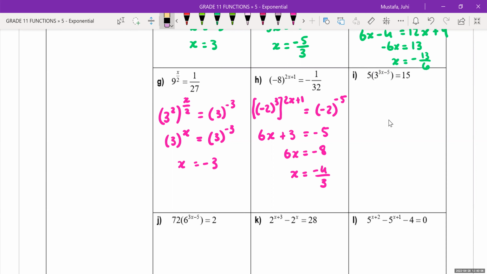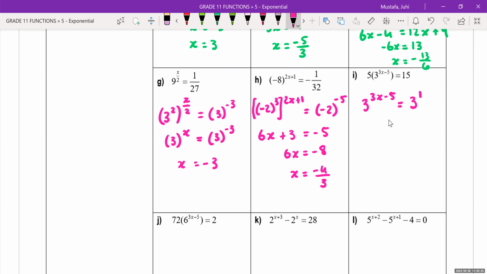I'm going to move the 5 to the other side of the equation, and divide by 15. When I do that, you're going to get 3 to the power of 3x minus 5 is equal to just 3 to the power of 1. So just make a note to yourself that when you have a coefficient, the coefficient is allowed to move freely. It's not tied down to anything with an exponent because it's a number all by itself.